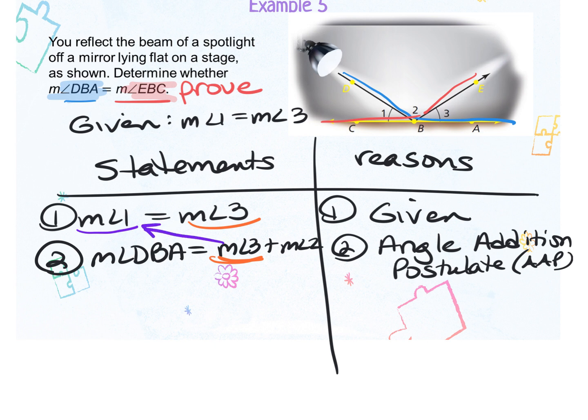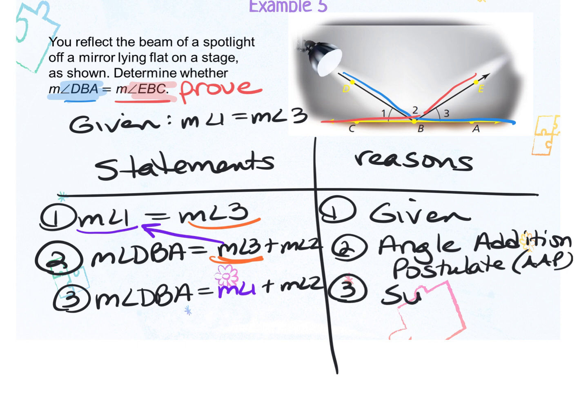And that's my next statement, using substitution. The measure of DBA is equal to now the measure of angle 1 plus the measure of angle 2. And this was substitution, because I replaced 3 with 1.